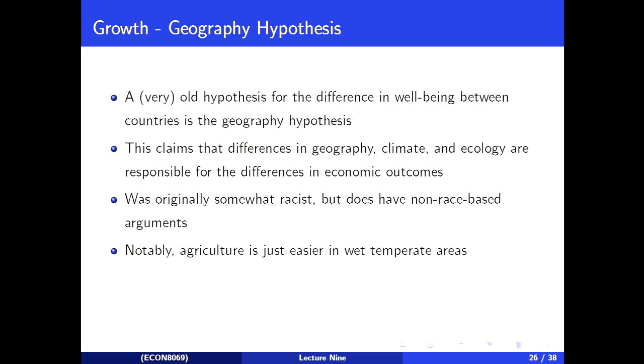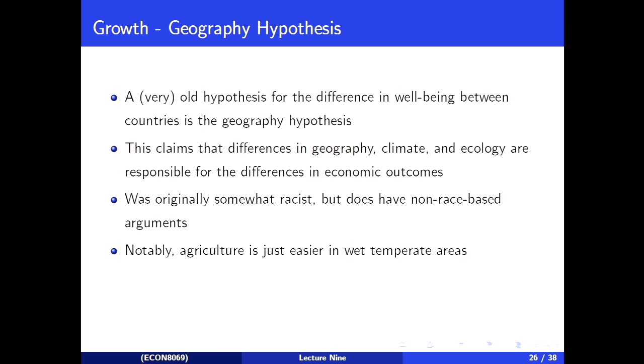But there are reasonable arguments that go towards a geography hypothesis, which is that if you look at wet temperate areas, then, for example, agriculture is a lot easier there. If you have a country where it's easy to grow food, where it's easy to perform agriculture, then that country has the capacity to have a higher level of output per capita.